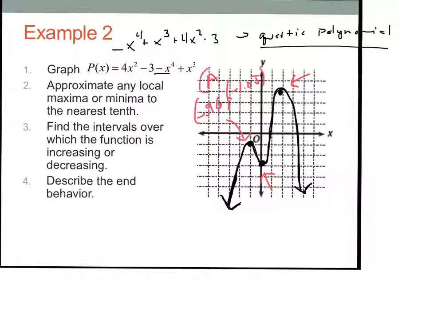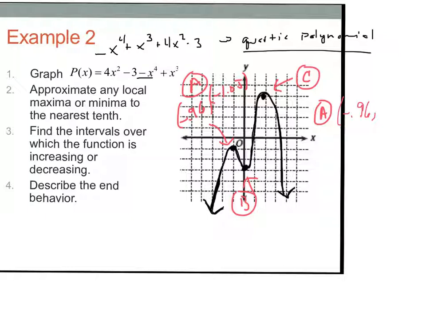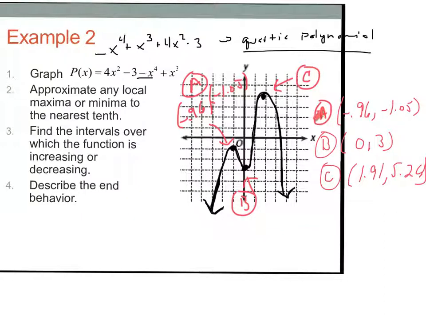So we'll call this guy A, we'll call this guy B, we'll call this guy C. It's kind of hard to read on the image, so I'll put it over here to the right. Okay, and so you'll see here that we have A, B, and C, and I've identified the coordinates of A, B, and C.